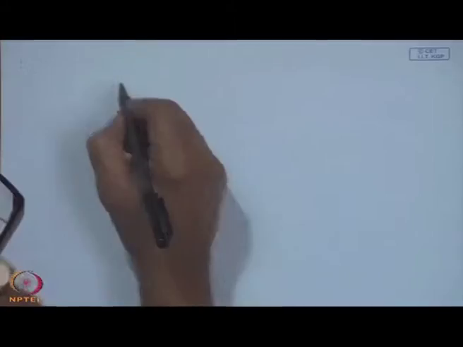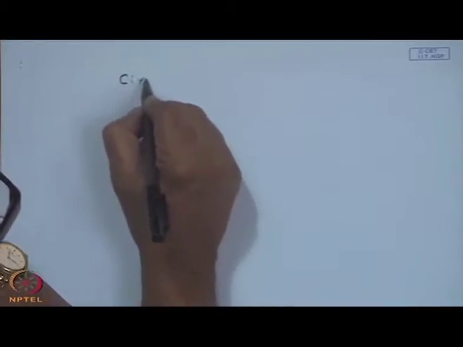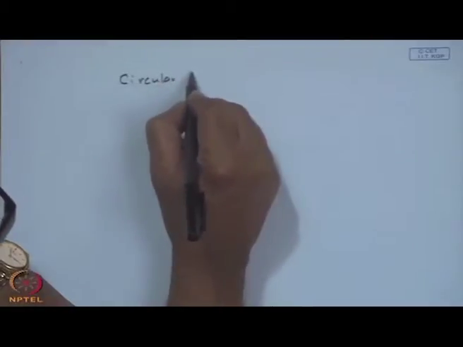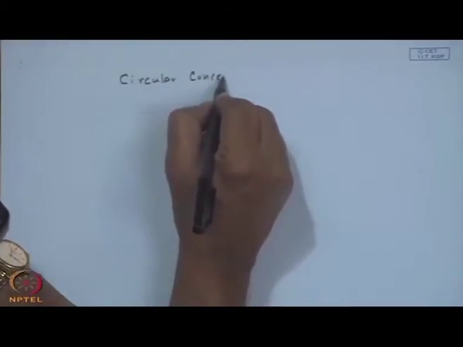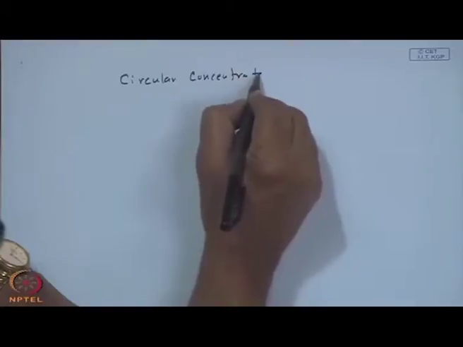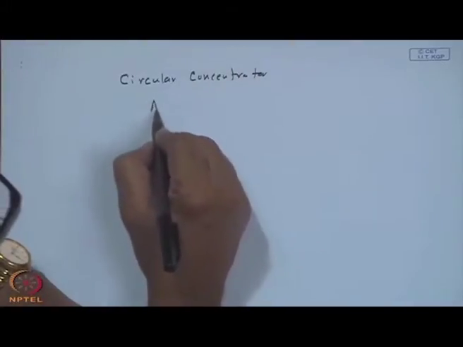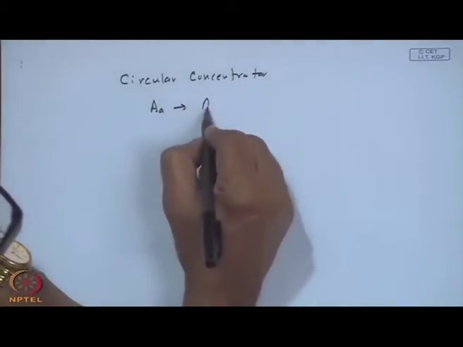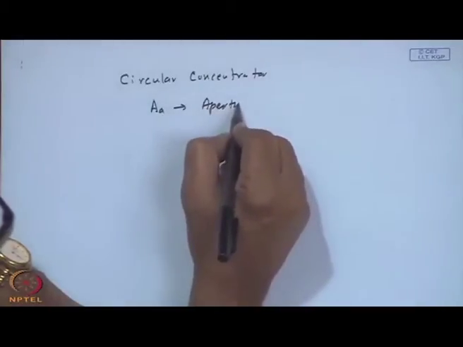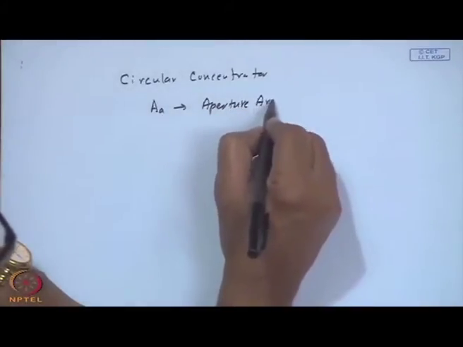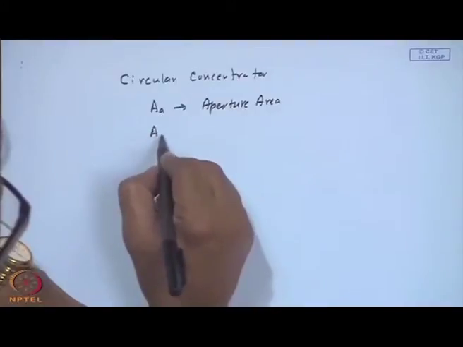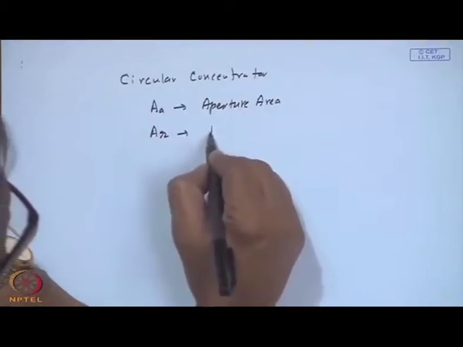We will consider a circular concentrator of aperture area A and a receiver area of AR.